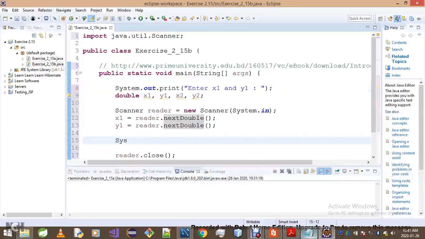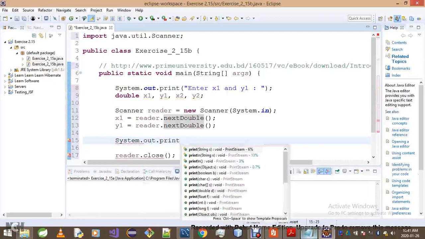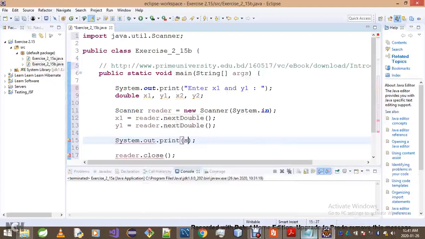It's wrong. So let's just go System.out.print enter x2 and y2.